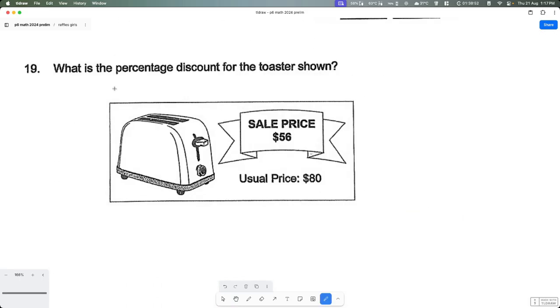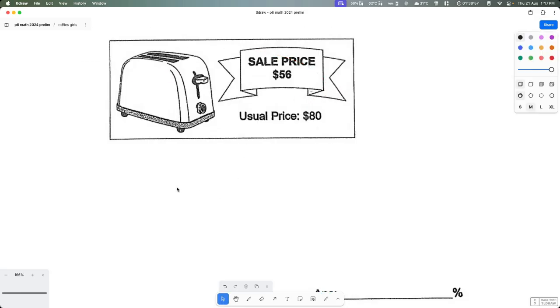Question 19. What is the percentage discount for the toaster shown? Sale and usual price. So it's basically 56 out of 80, and then you times 100%. So what is the discount? 56 out of 80, you can basically simplify this. You divide this by, if you guess 8, then you're right.